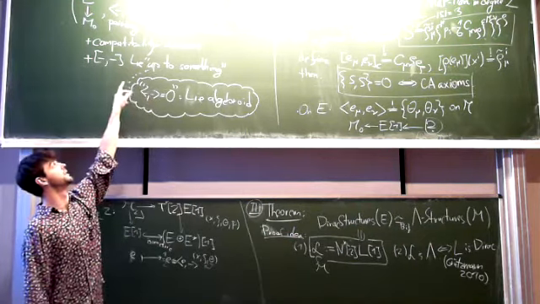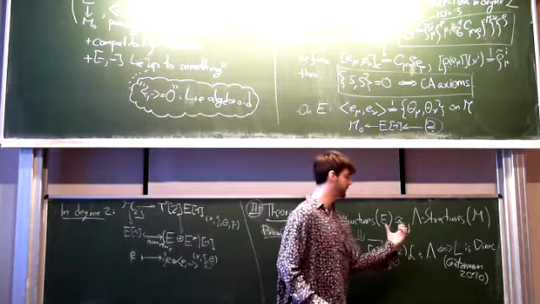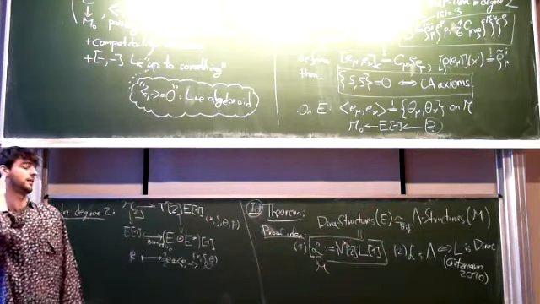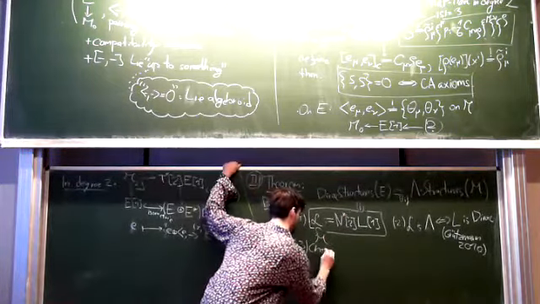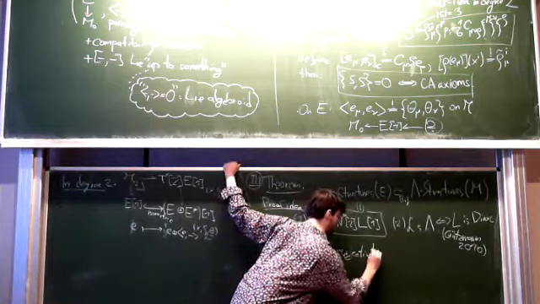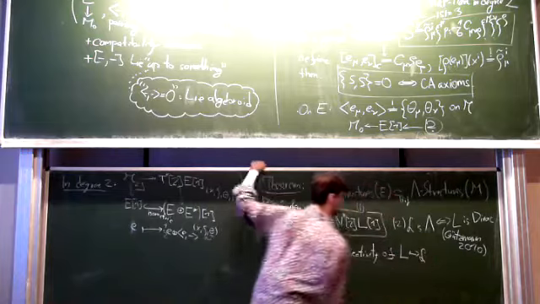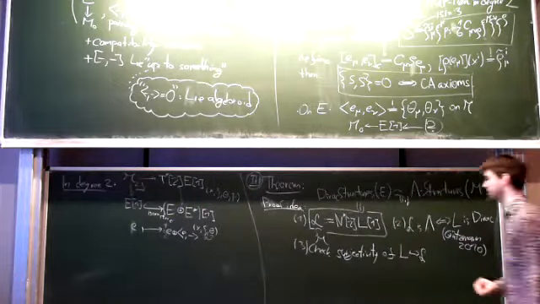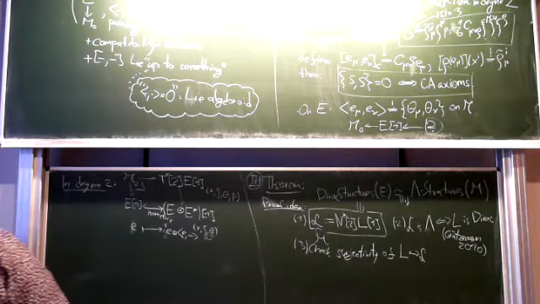So compatibility with the bracket and compatibility with the anchor correspond to different parts of this S function vanishing on the submanifold L. Again, the third part is a check. That's the proof idea. And now I'm running out of time.